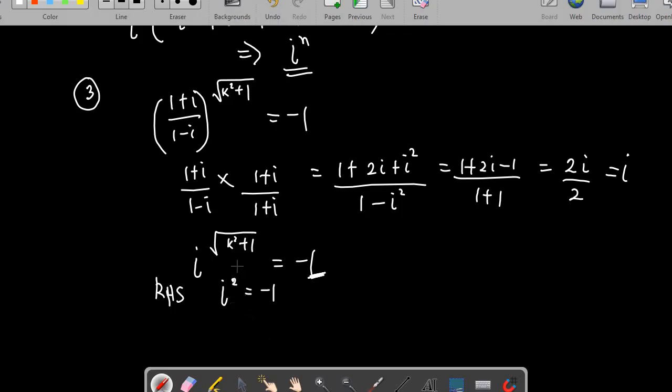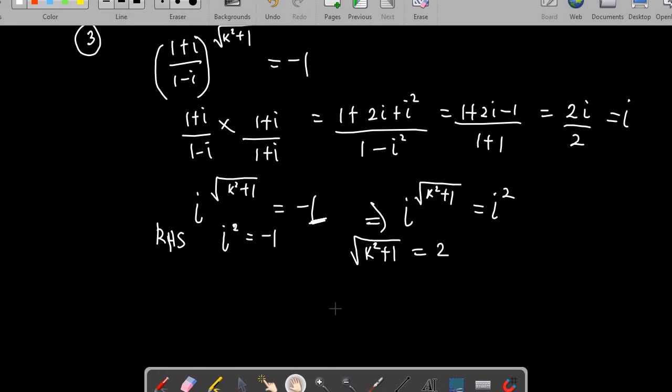That's the lowest value of the power you can have, meaning that this equation can be rewritten with i raised to the power of the root as i squared. Since we're looking for the lowest possible value, then from the law of indices we can equate the bases, and then the power will be the square root of k squared plus 1 equals 2. And what we do from here is you square both sides.